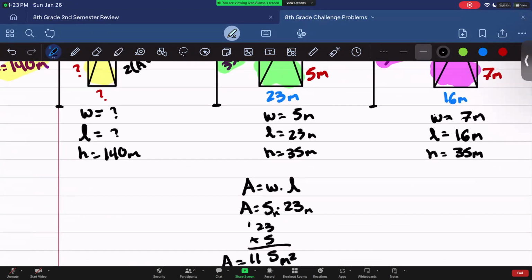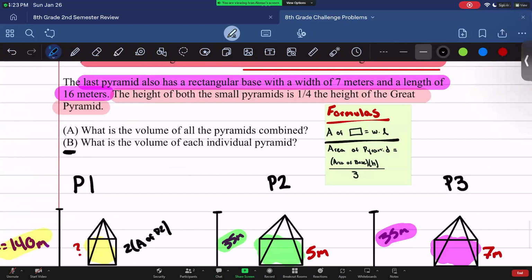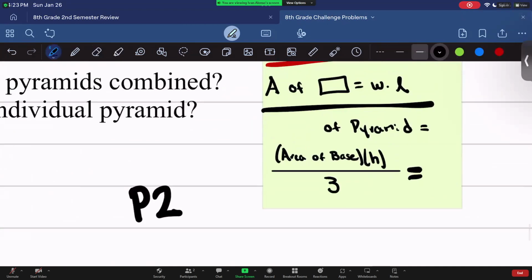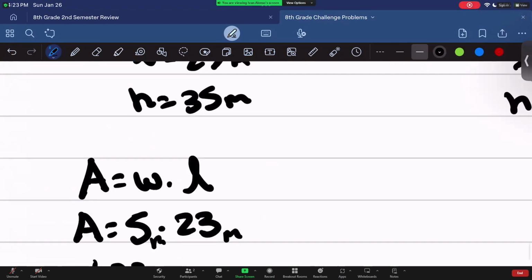We might as well just find the volume, right? If you look at this formula, the volume, oh, I guess I made a typo here. The volume of a pyramid. It's a little illegible, but okay.